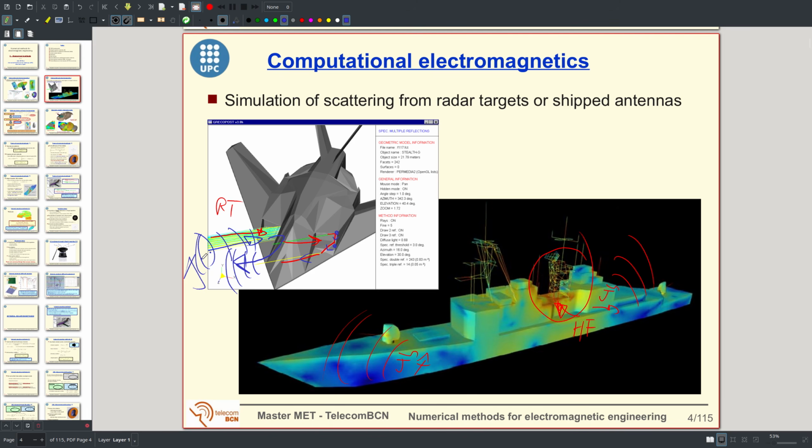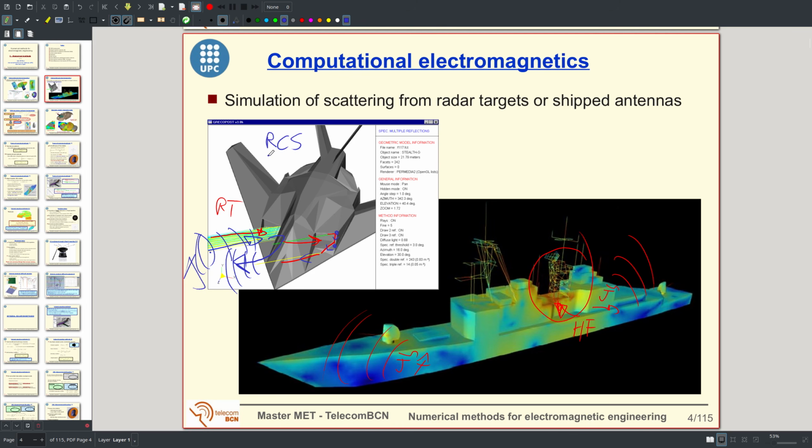So it is very important to compute the magnitude of the radar echo, the magnitude of the fields scattered from the target back to the radar. This is done thanks to a parameter called RCS.